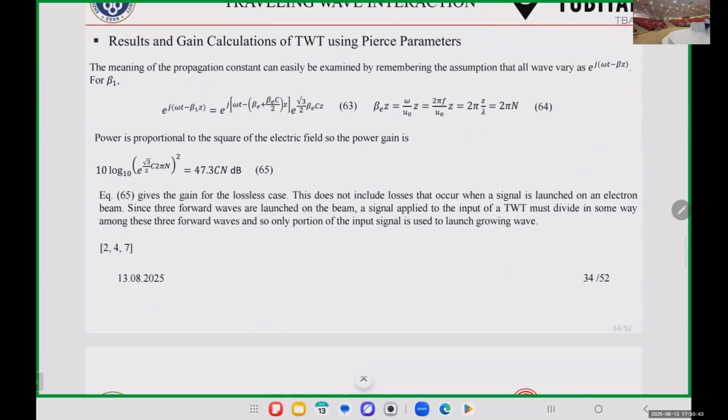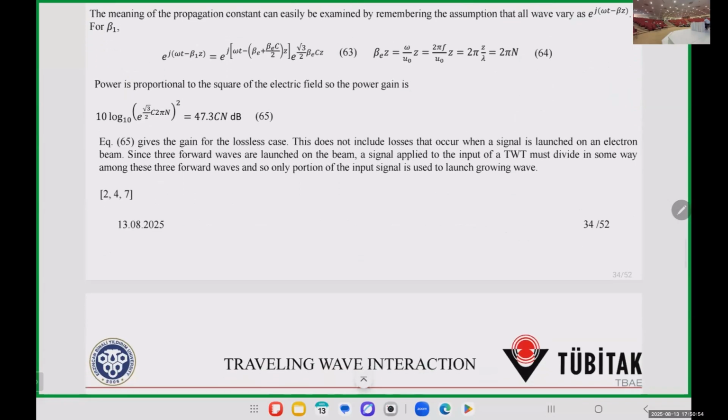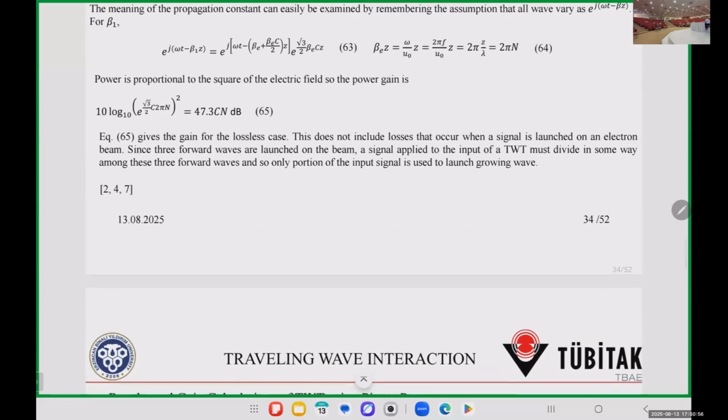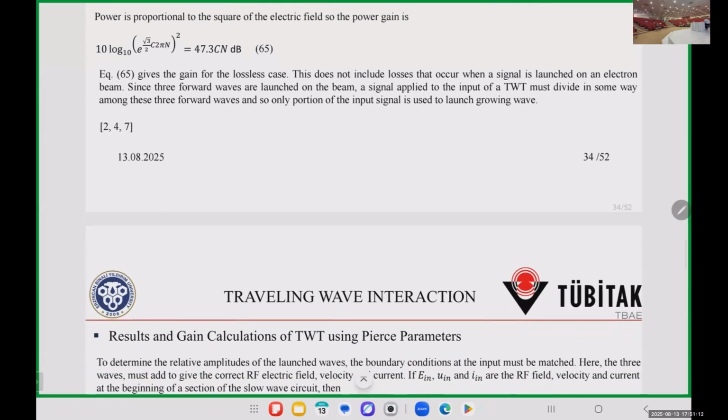So this does not include losses that occur when a signal is launched on an electron beam. Since 3 forward waves are launched on the beam, a signal applied to the input of a TWT must divide in some way among these 3 forward waves, and so only a portion of the input signal is used to launch the growing wave.